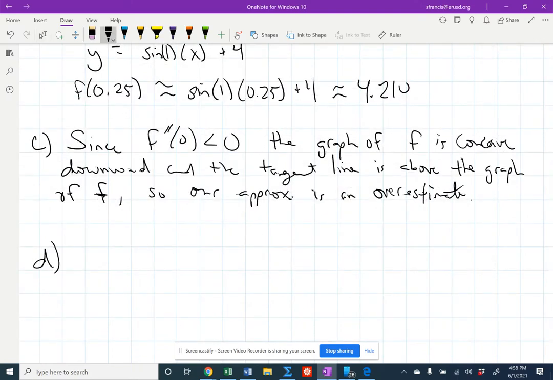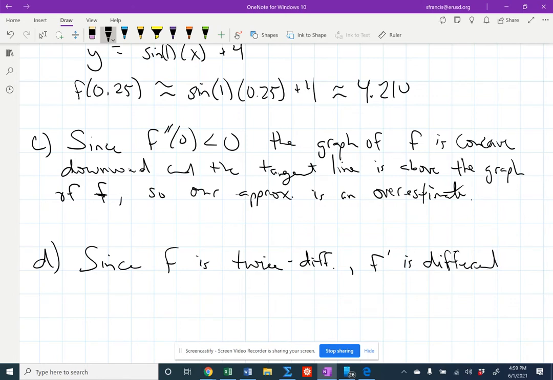Okay, that means you want to verify the conditions. They told us the function was twice differentiable. Since f is twice differentiable, f prime is differentiable, and therefore continuous.